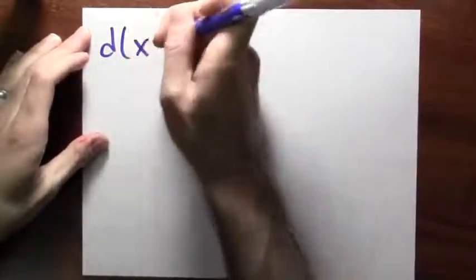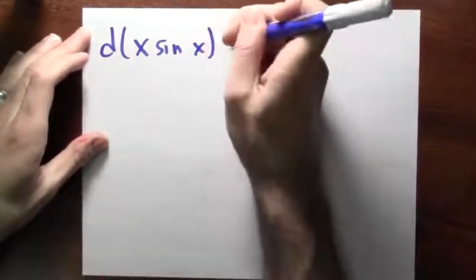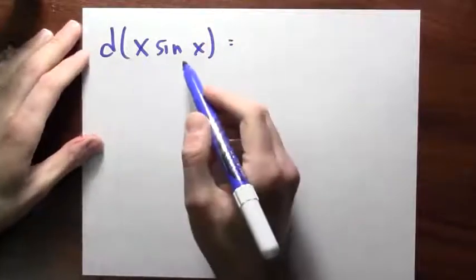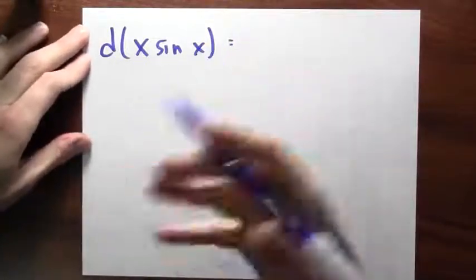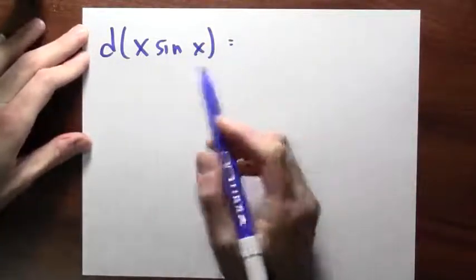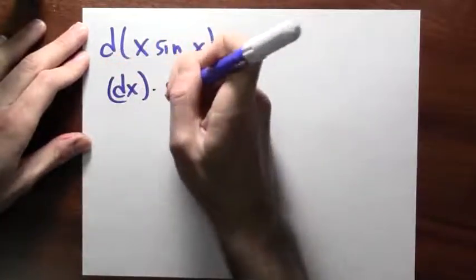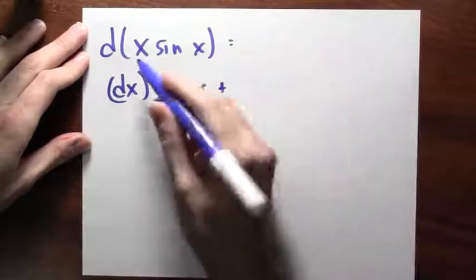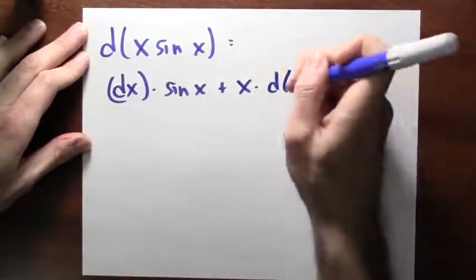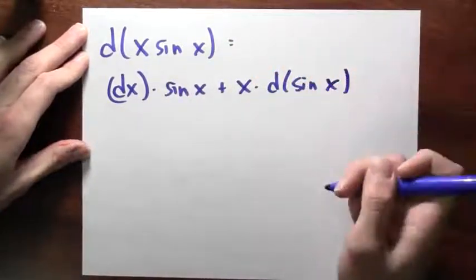We can cook up a more complicated example. For example, let's calculate d of x sine x. Well, this is d of a product, and I can compute that by using the product rule for differentials. What does that tell me? Well, it'll be d of the first thing times the second thing plus the first thing times d of the second thing.